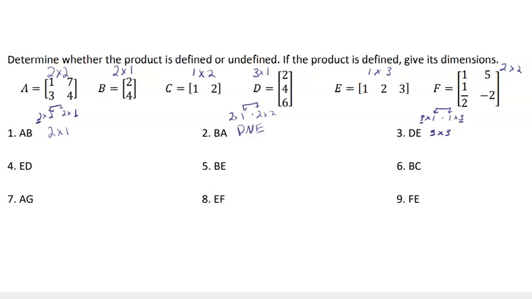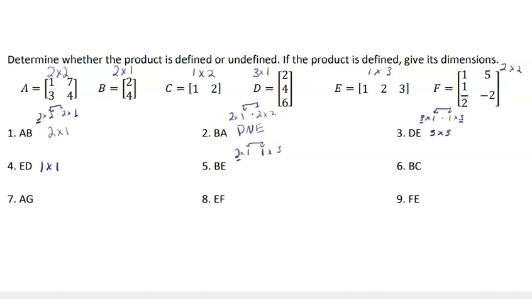ED is a 1 by 3 times a 3 by 1. So we get a 1 by 1 out. BE, this is a 2 by 1 times a 1 by 3. Right, again, columns of the first are the same as the rows of the second.